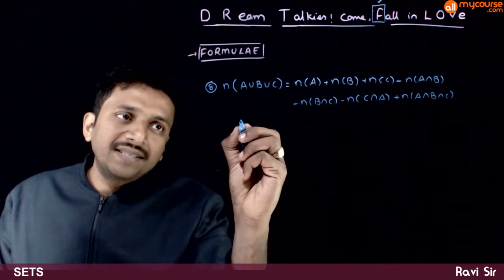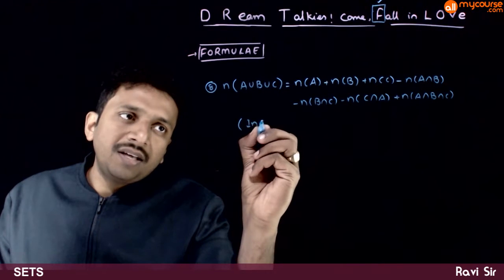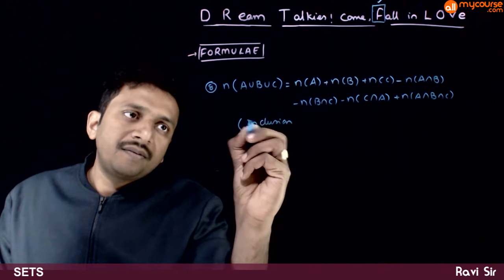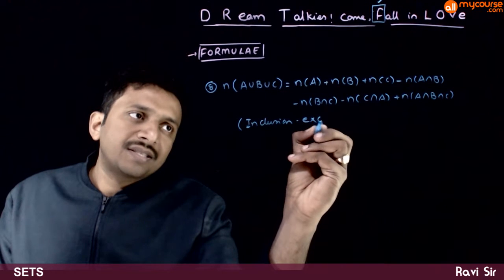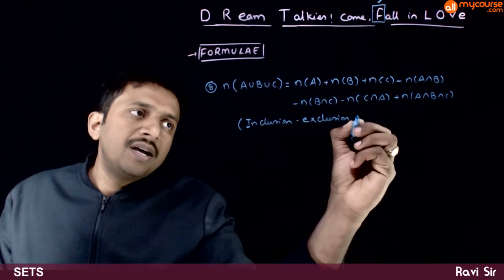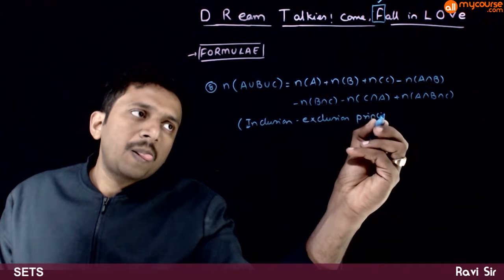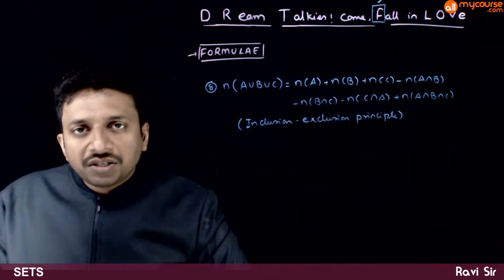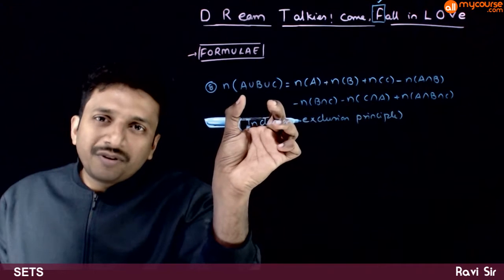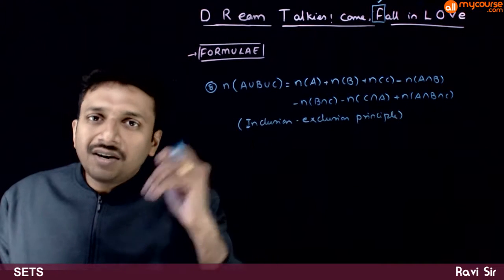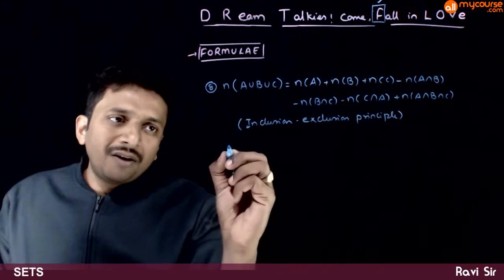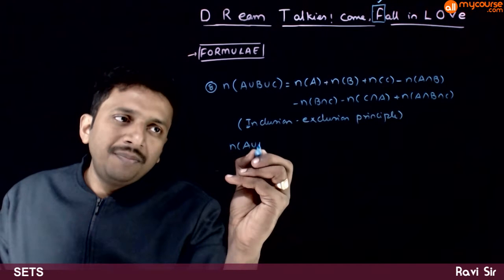This formula has a special name. This is called the inclusion exclusion principle. This is not just a formula which is applicable for three sets. So this is a general formula. What is the formula of n of A union B?